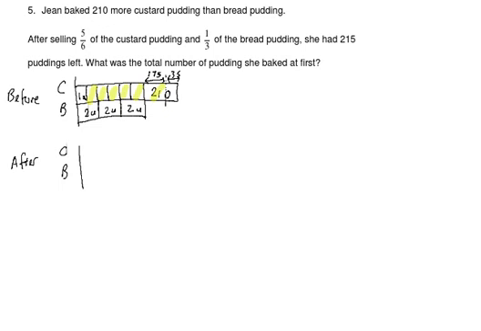Now, she sold 1/3 of the bread pudding. 1/3 means how many units? Sky? How many units? I heard some people say 4. So just now? 4 or 2? You sure it's 2 and not 4? I heard a lot of people shouting 4 just now. So is it 2 units or 4 units?